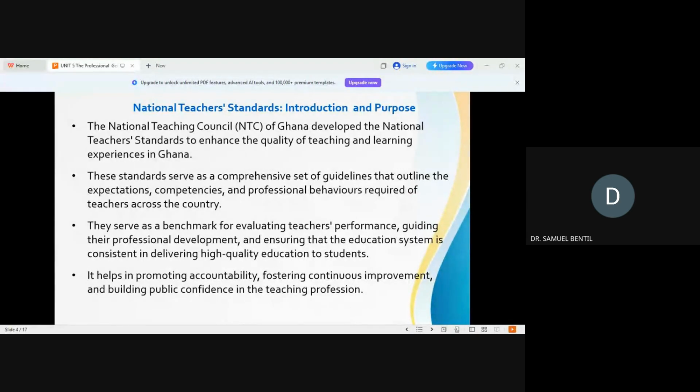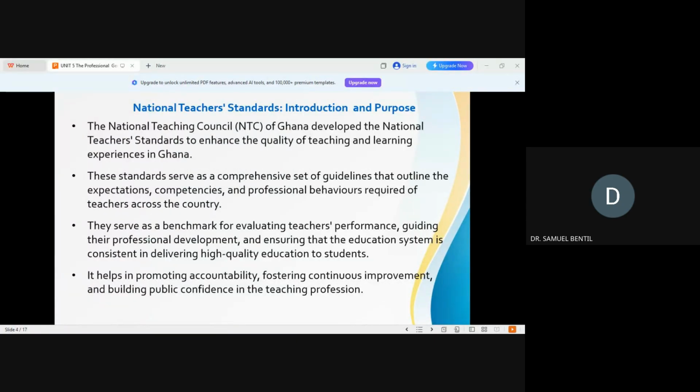Yeah, so the National Teacher Standard was developed by the National Teaching Council in 2020 and it was revised in 2024. And the essence of this is to enhance the quality of teaching and learning experiences in Ghana.